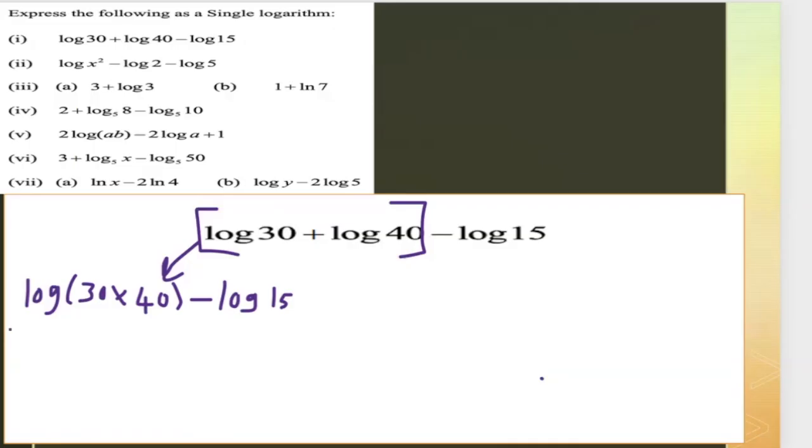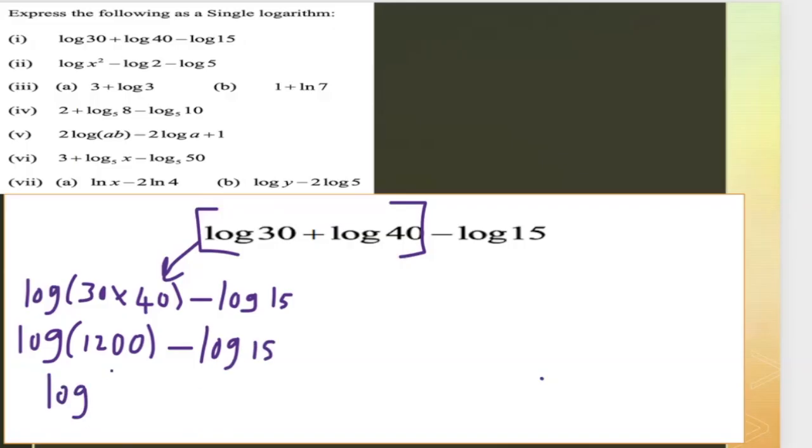So we know 3 times 4 is 12, and we have 2 zeros, so that means we'd have 1,200 here when you multiply 30 times 40, minus log 15. And then we know when we subtract, we divide, so you write the log once, and then you have 1,200 divided by 15.